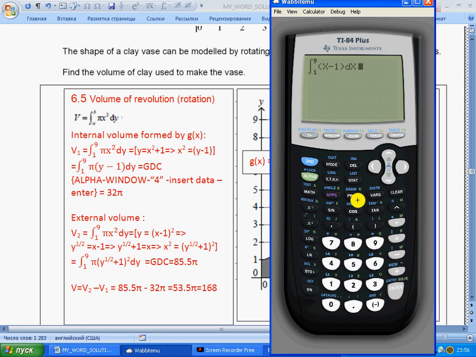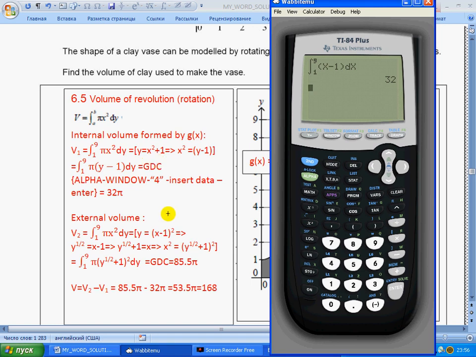Let us see what the calculator gives us. 32, so we get 32 pi. So don't forget, x squared should be changed and expressed in terms of y.